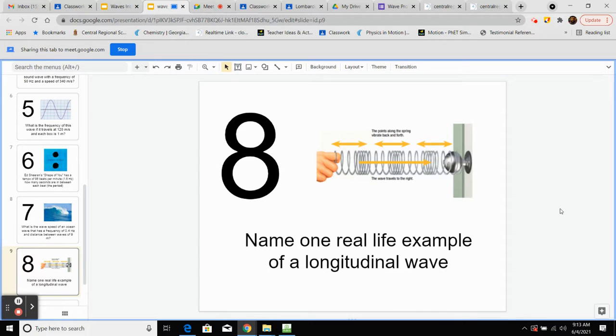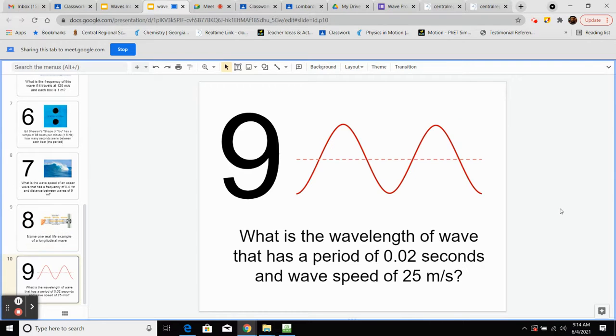So now, final question. Let's watch what I'm going to do first. We're going to say it's a 2-step problem. They want to know what the wavelength of a wave is that has a period of 0.02 seconds and a wave speed of 25.